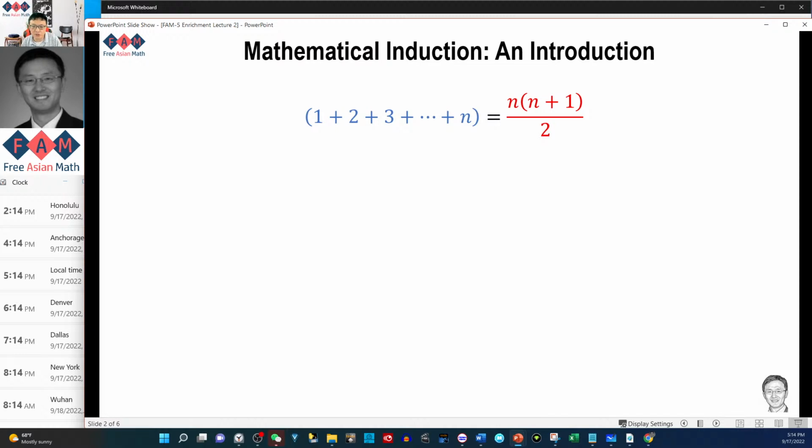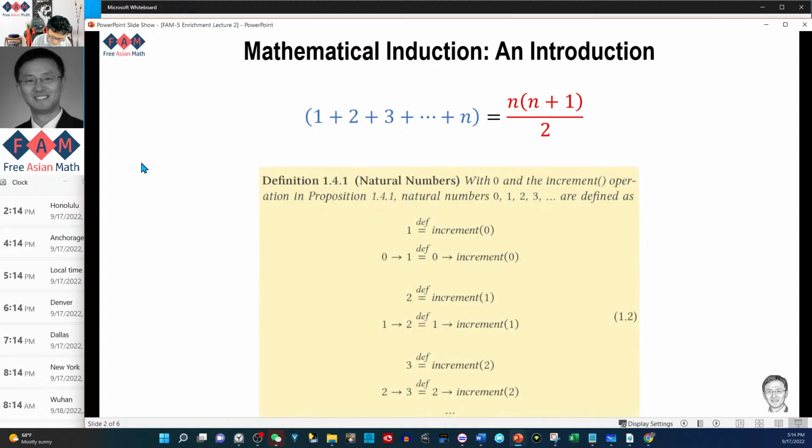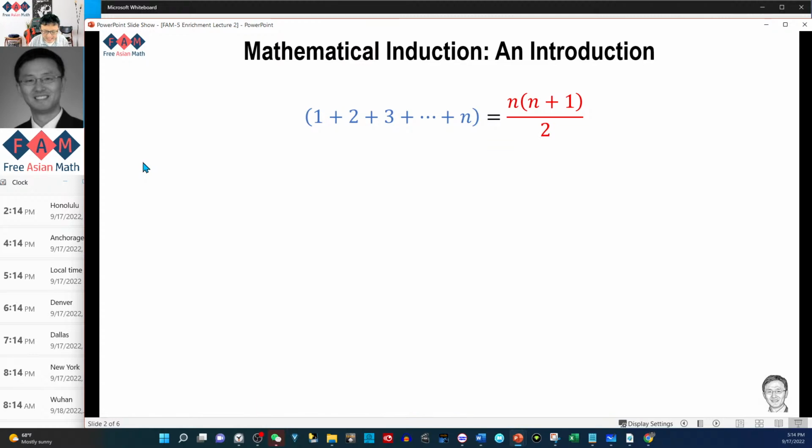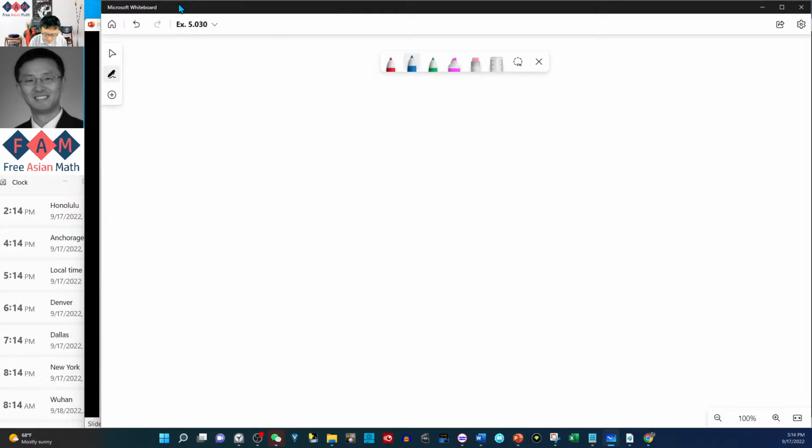One is geometry, which is based on how you would calculate the area of a trapezoid. We know that the formula for the area of a trapezoid is a plus b, top plus base, the length, times the height, then divided by 2.